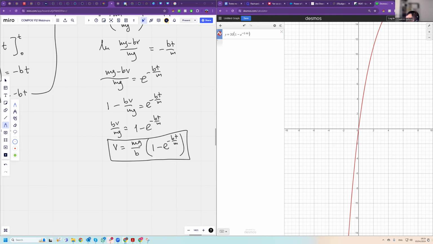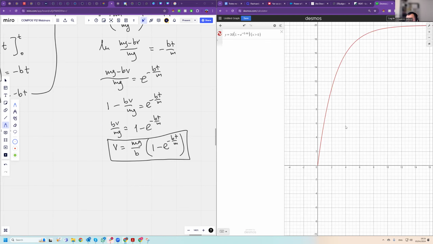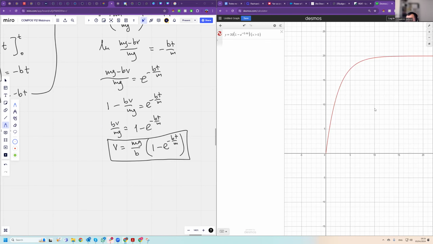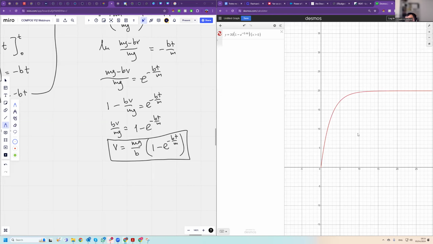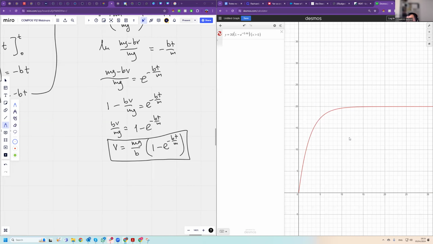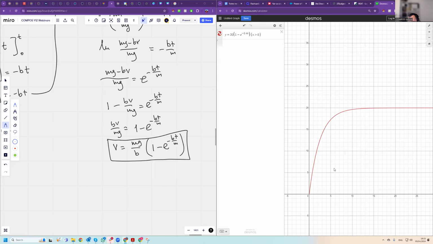And of course, x is greater than 0. Just remind us of something like a skydiver reaching terminal velocity, or a pollen grain reaching terminal velocity.